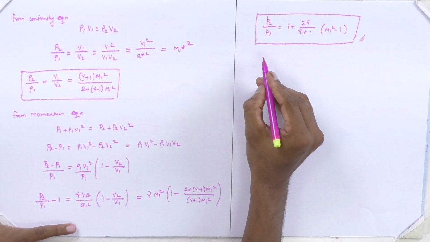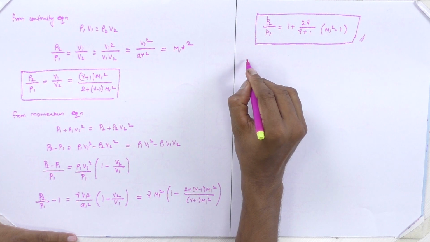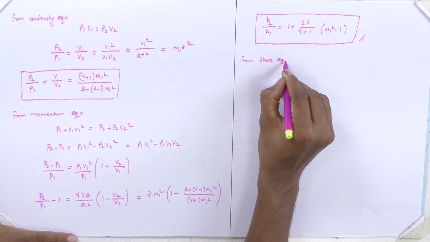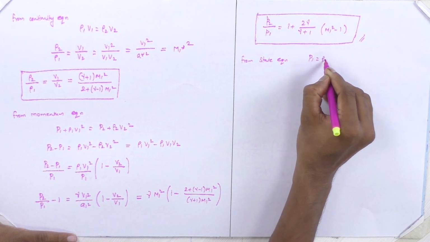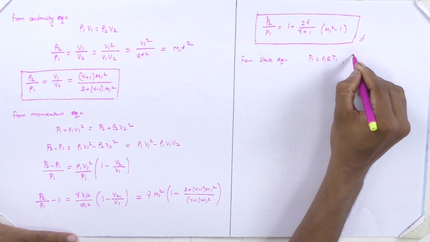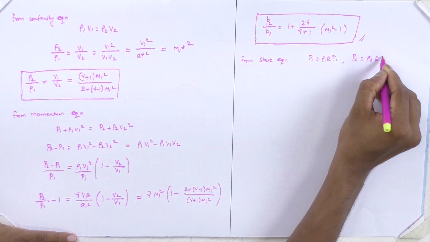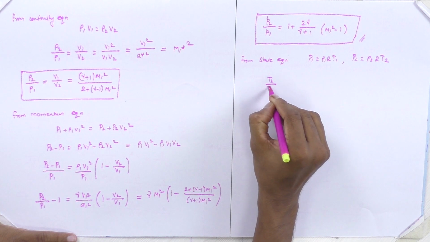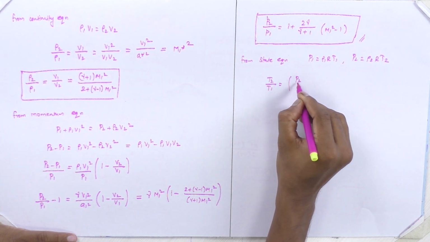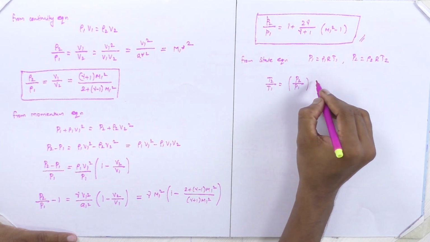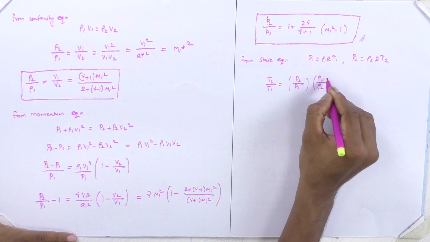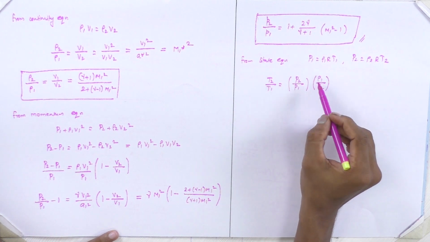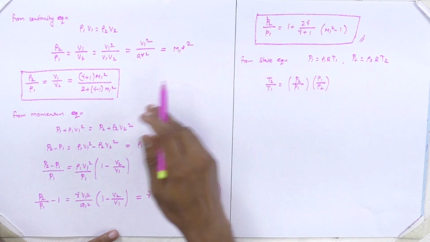To obtain the temperature ratio, we are going to use the state equation. From the state equation, you know that P1 is equal to rho 1 R T1 and P2 is equal to rho 2 R T2. So if we divide these equations, T2 by T1 will be equal to P2 by P1 into rho 1 by rho 2. We already represented P2 by P1 as a function of upstream Mach number. Similarly, rho 1 by rho 2 as a function of upstream Mach number.